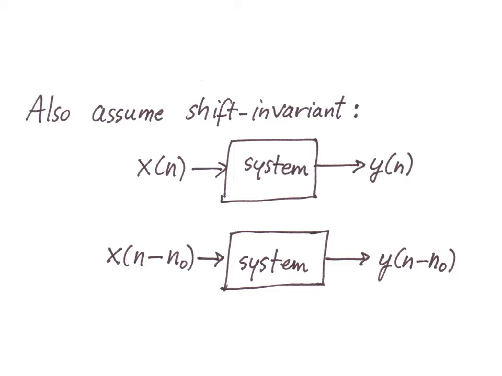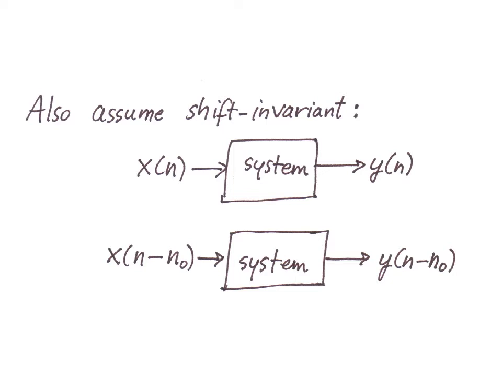What that means is it doesn't matter when a signal is applied, the system behaves the same way as it would have at the original time. If at some time here x of n gives y of n, then at some later time x of n minus n0 will give the corresponding y of n, but delayed, the same way that the input was delayed.